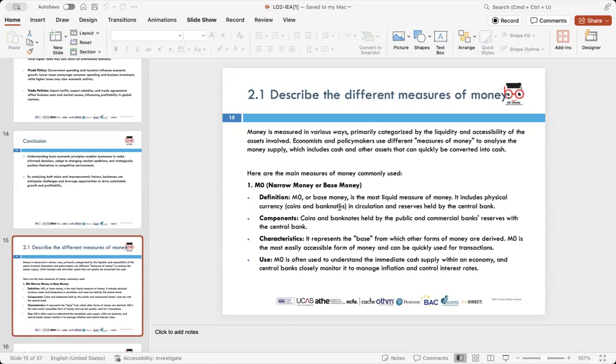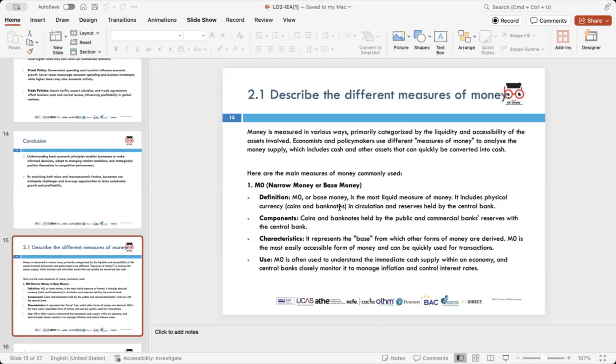Economists and policymakers use different money supply measures to assess how much money is circulating in the economy, and how accessible it is. These measures help government make informed decisions about monetary policy, inflation control, and economic growth.